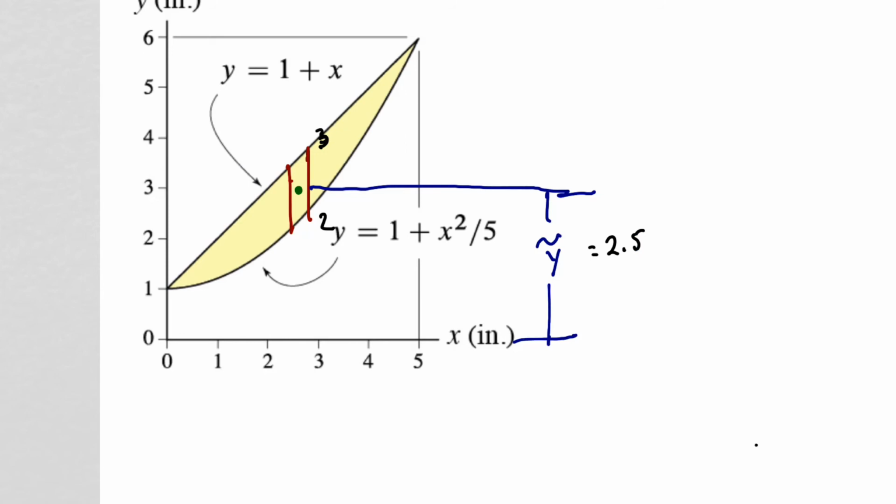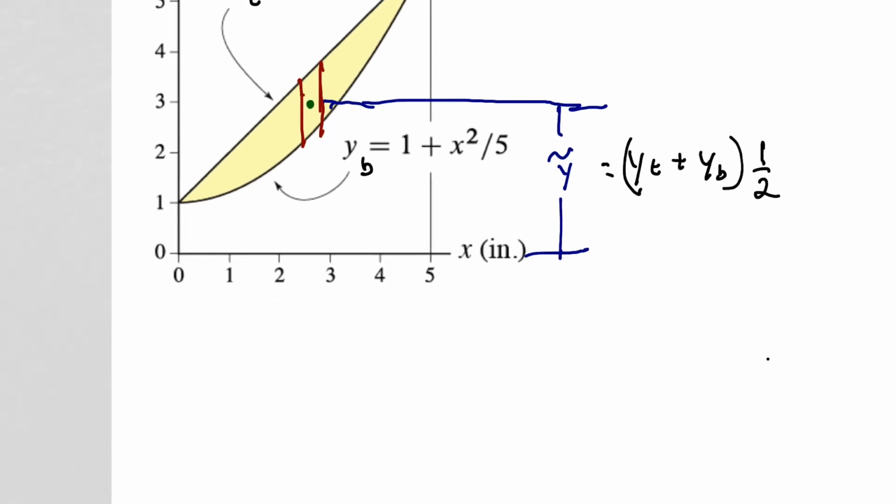How did we find that? We took our y top and our y bottom, and if we add the two together, it's really the average of those two points, so divided by 2.